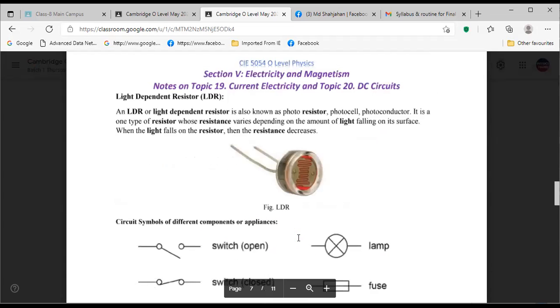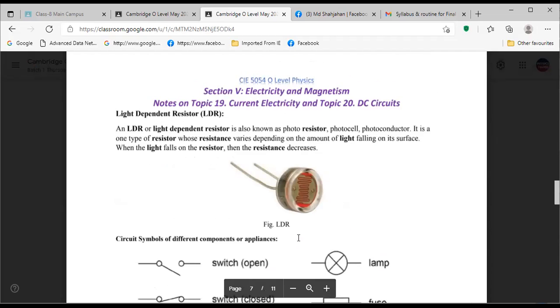Now, light dependent resistor. Adrita, read light dependent resistor.